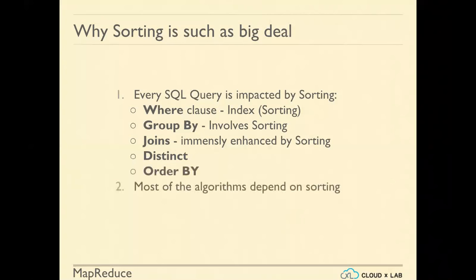So almost every computation that we do, a lot of sorting is going on under the hood. Almost every algorithm uses sorting without us even thinking about it, and most algorithms under the hood depend upon sorting.